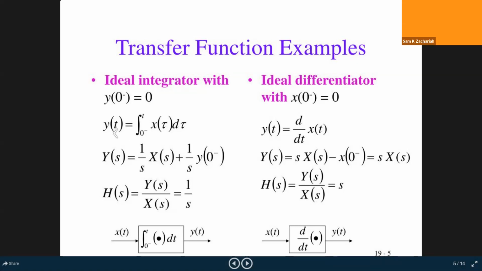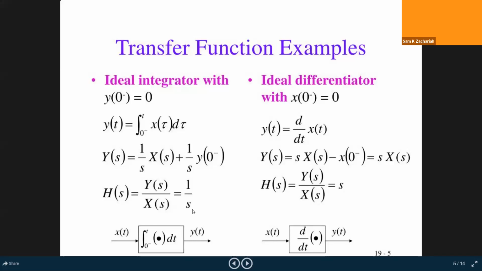Under such a condition, you can represent the integrator like this with x(t) as the input, and if you take the Laplace transform assuming zero initial output, you will get the transfer function of the integrator as 1 by s.